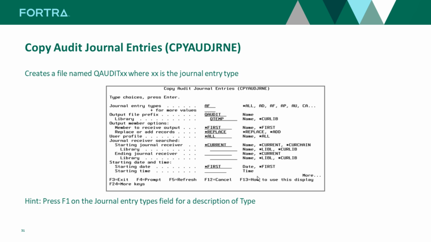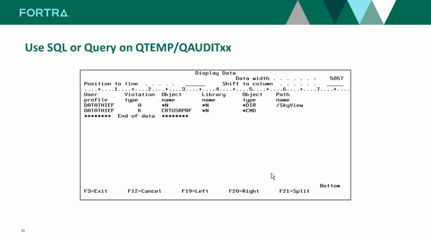This is a fast and easy way to get the data for a certain amount of time for one or multiple entries into files that you can then query. It will build a file in QTEMP or the library of your choosing, prefixed with QAUDIT, and then suffixed with the entry types you chose to display.